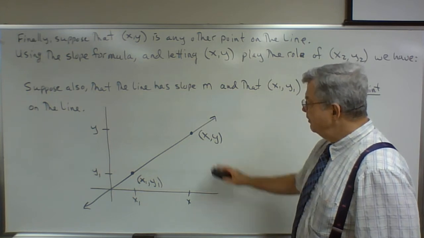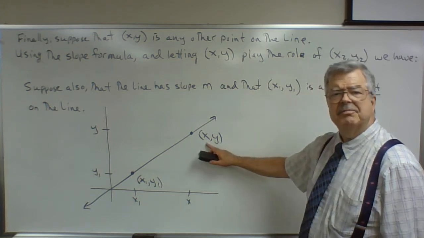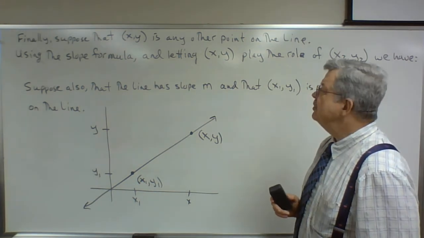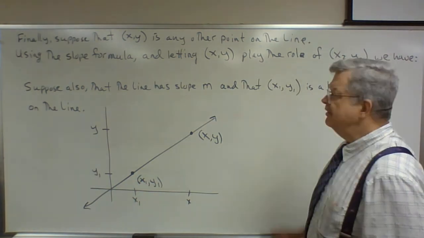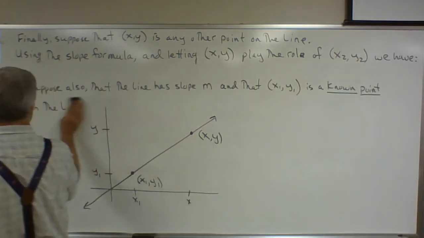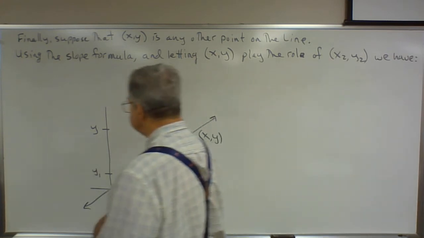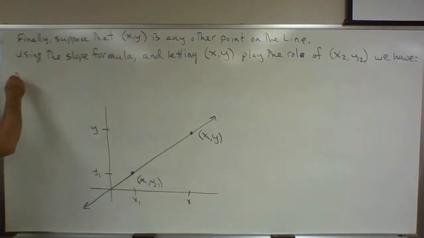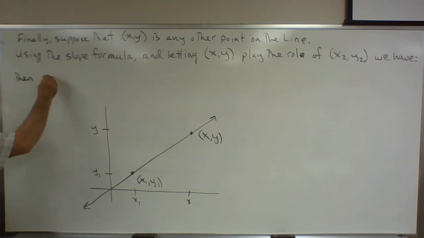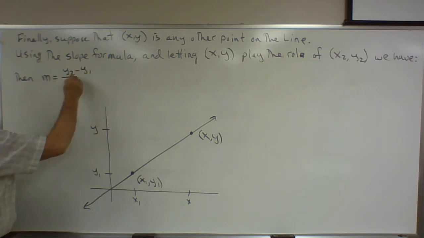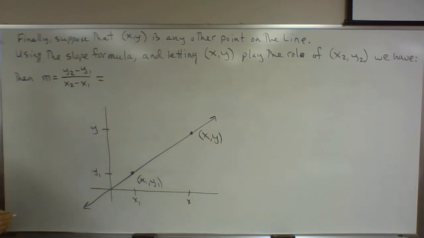We're going to use the slope formula, and we're going to let this point x, y play the role that x2, y2 plays in the slope formula. Normally, the slope formula is y2 minus y1 over x2 minus x1.